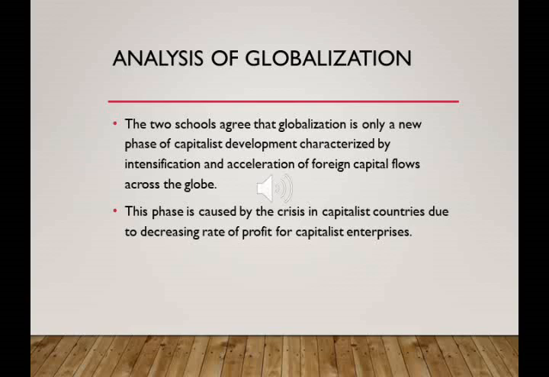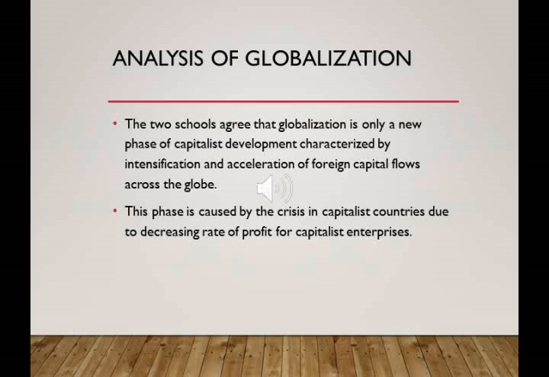Mind you, this is quite similar to the analysis of Lenin. Lenin argued that capitalism, when it moves from the stage of competitive capitalism to that of monopoly capitalism, finds that it has little prospect of continuing its expansion in its own markets, and therefore it becomes willing to engage in foreign markets, either to look for raw materials or to find places for investment.